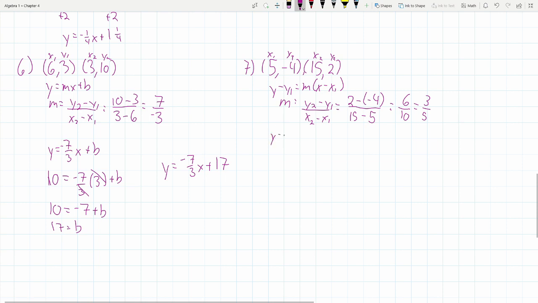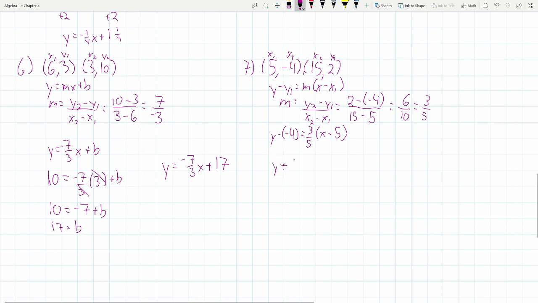So I have y minus y1, which is negative 4. Really, I could have chosen anyway, but I'm just going to go with this. Equals my m, which I said is 3 over 5, times x minus x1, which is 5. Now I can start to evaluate this.